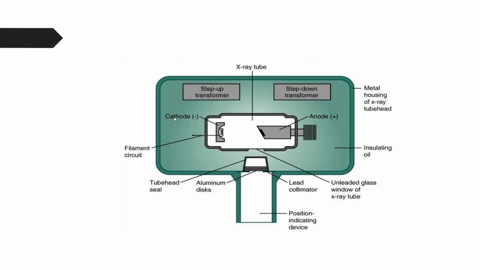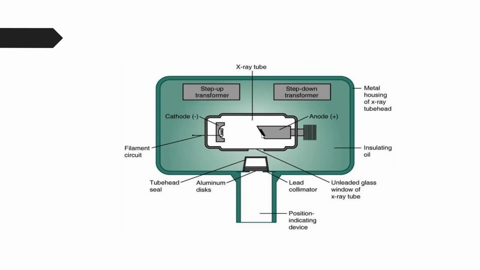So we have the cathode, where when we plug the machine into the electrical outlet, electricity is generated, right? Until we depress that exposure button, the electrons that are found here are diverted from this end, from the cathode to the anode, right? And this is the target tungsten here, right? This dark area, it's a filament here.